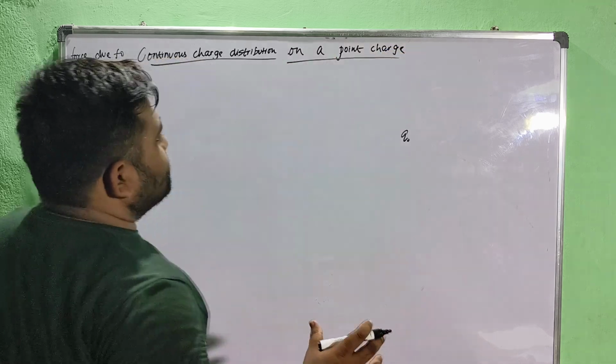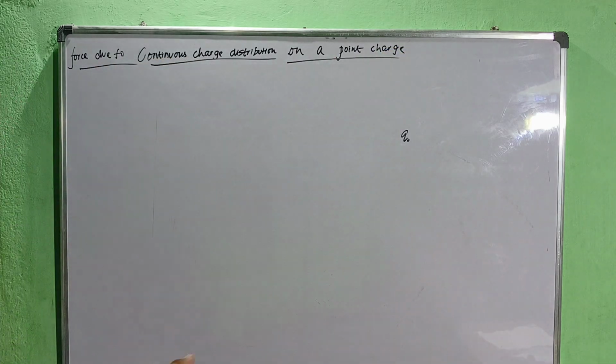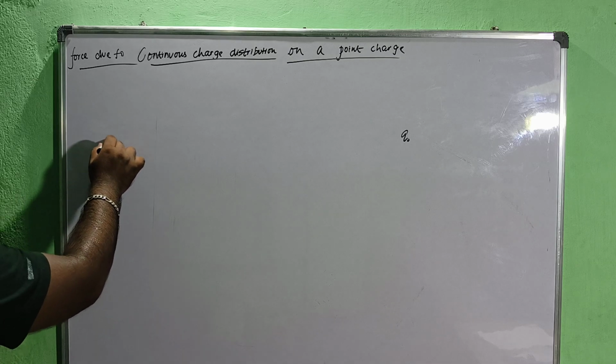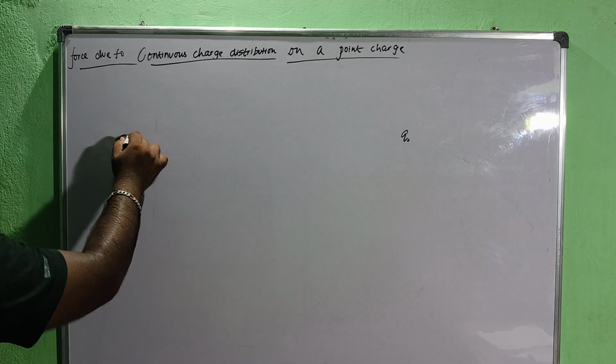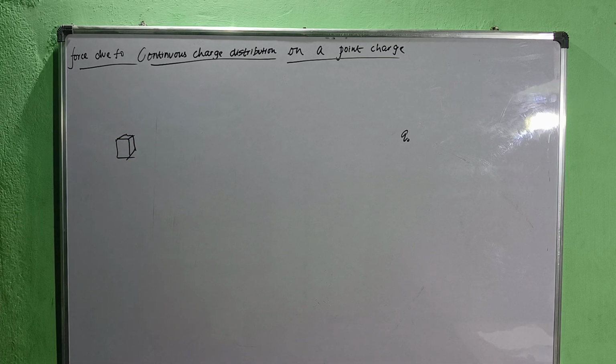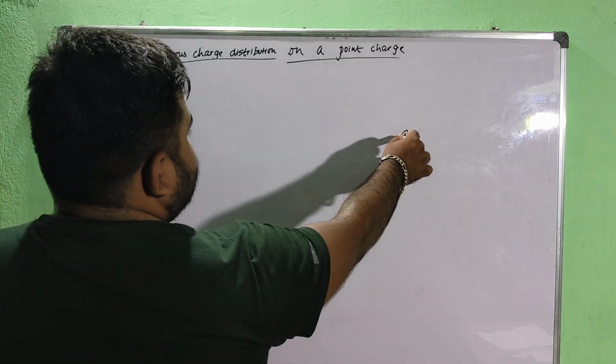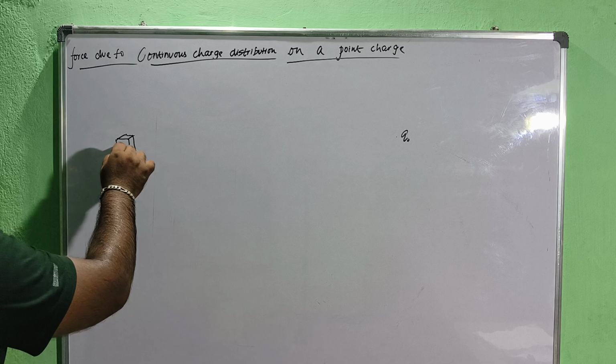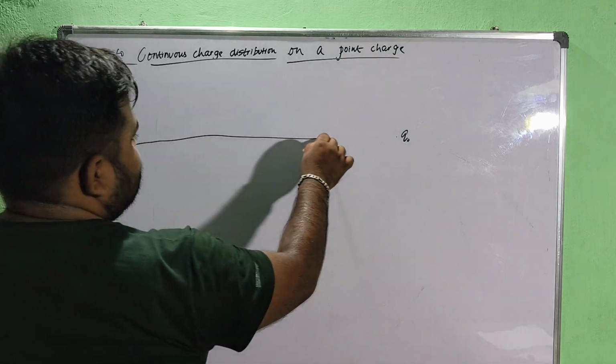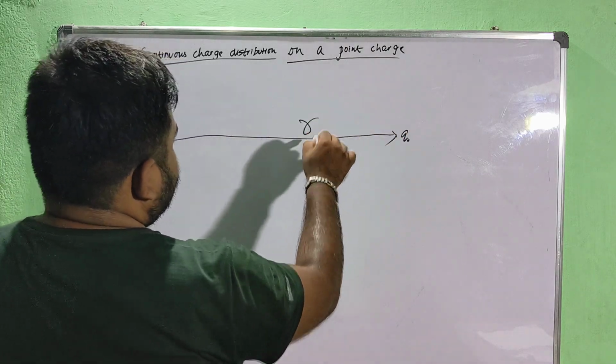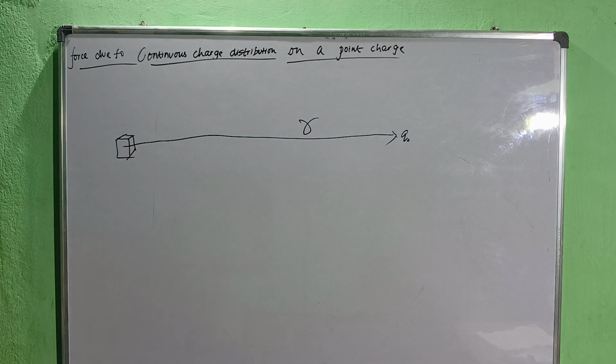Now let us consider any object. It is charged. Consider it three-dimensionally. Let this object be like this, and Q naught is here. Let the distance of this point from this charge be r.